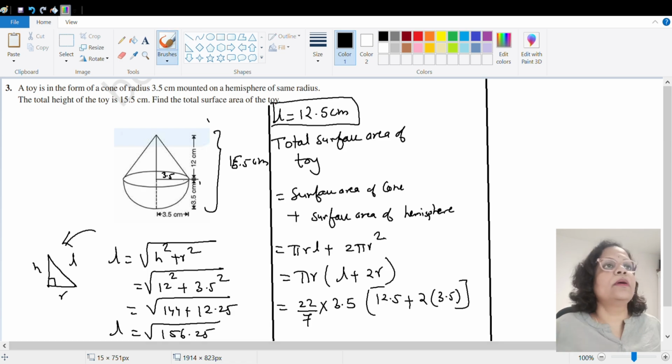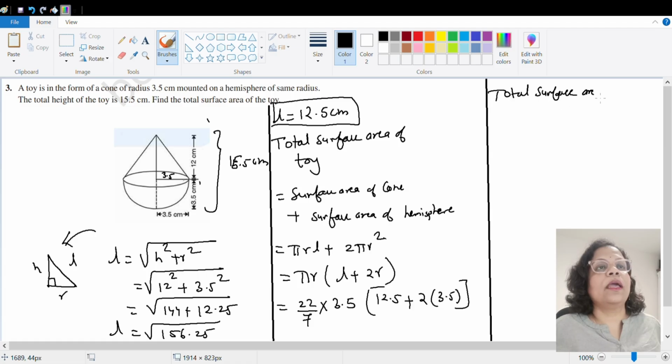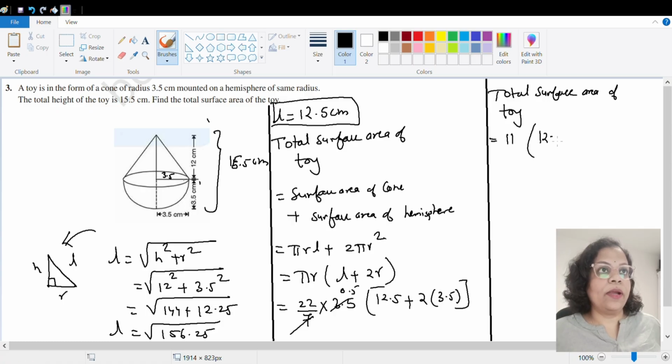So the total surface area of the toy is equal to 0.5 into 22, which gives 11, times 12.5 plus 2 times 3.5, which is 7. So you get 11 into 19.5.